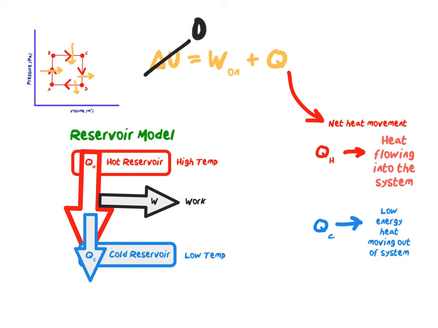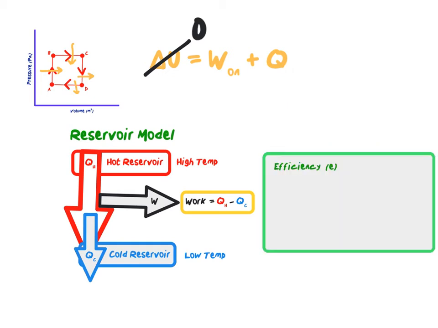Now, in order to calculate the amount of work, we can look at it in two different ways. We could say how much heat I'm putting in minus how much heat is leaving the system would be equal to the amount of work that is done. So we oftentimes describe the efficiency of a cycle as the amount of work done per the amount of heat added to the system.